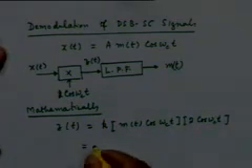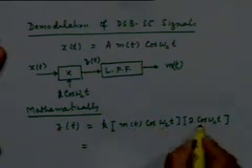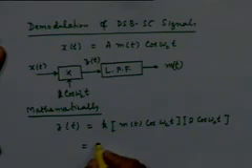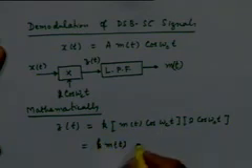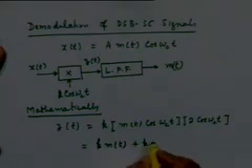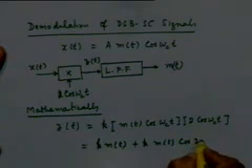So this will be equal to, as you can see, when you get 2 cosine square omega ct, which you can write as 1 plus cos 2 omega ct. So this will be k times m of t, the first part, plus k times m of t cosine 2 omega ct. I have skipped one step in the process.